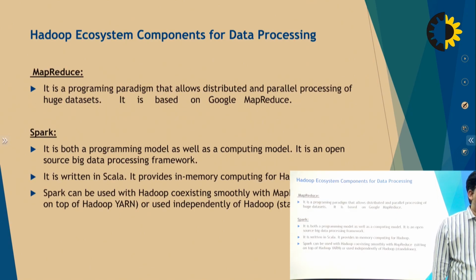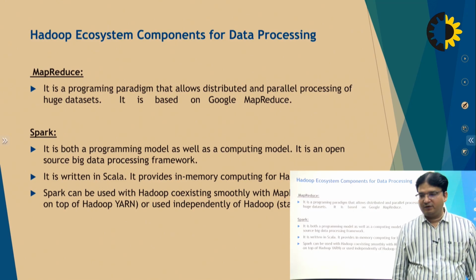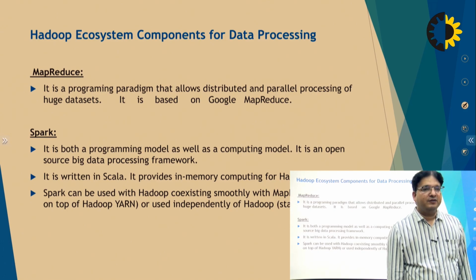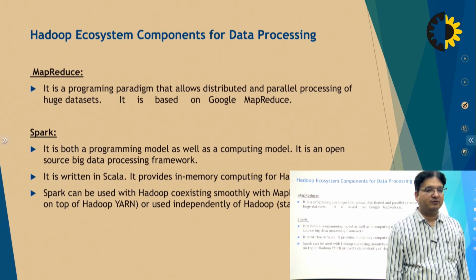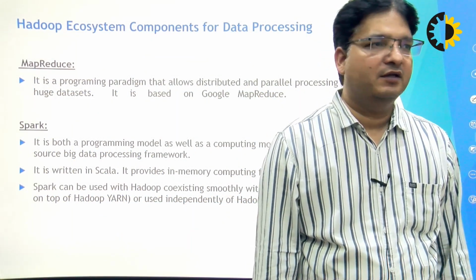Now, MapReduce is a programming paradigm that allows for distributed parallel processing of huge datasets. It is based on Google MapReduce. In Map, we have the division of files into different components which are executed through different maps, and in Reduce we have the aggregation of the same.